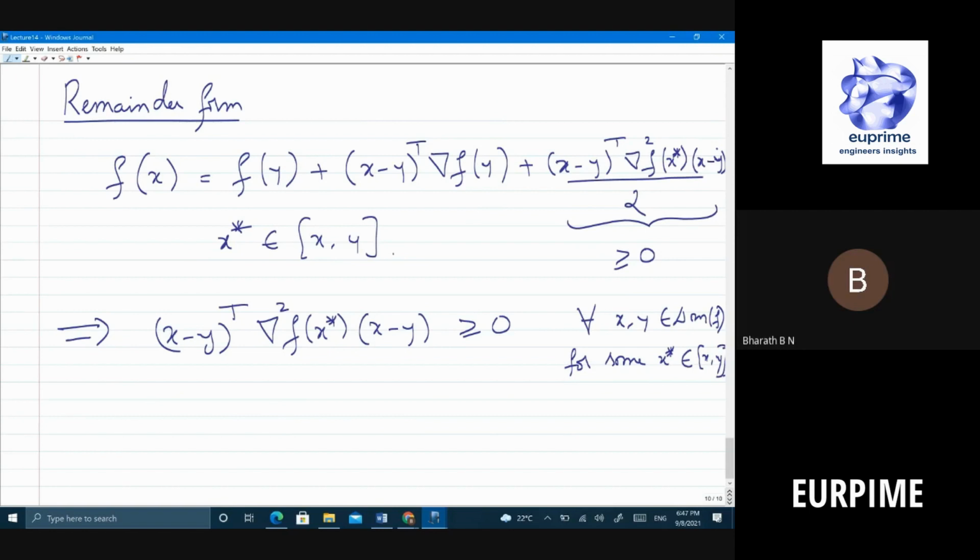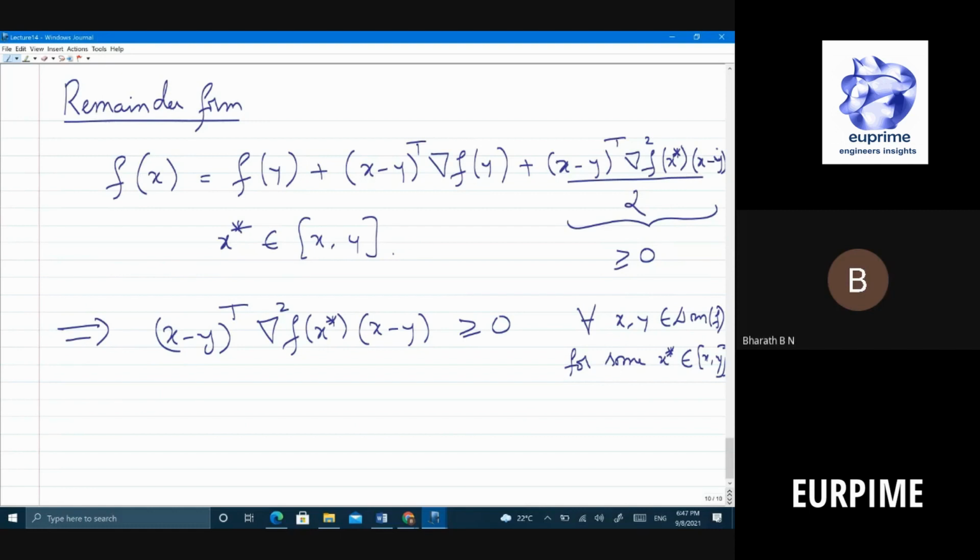This is true, you agree? Now, if I ask the reverse question, what does this mean? Suppose this is true for any x, y. That means for any x minus y, you take any vector v, v transpose Hessian v is greater than or equal to 0. So what does that mean? The Hessian is positive semi-definite.